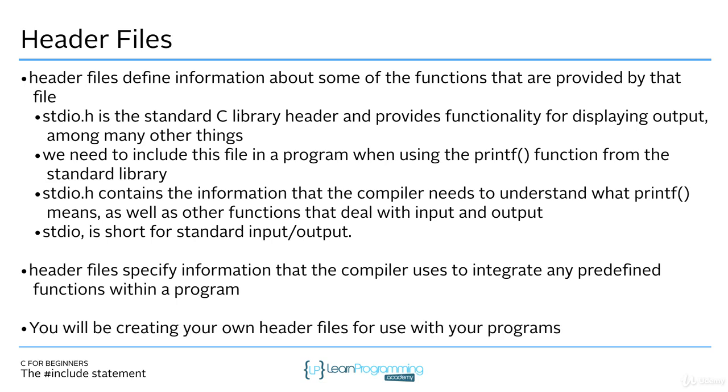But in addition to the C standard library and the different libraries that come with the C programming language, you can also create your own header files, and you will be creating your own header files, because header files allow for software reuse. They allow you to reuse functionality written in C. Somewhere, the designers of C wrote all this C code that reads and writes data and handles input and output. They don't want the new C programmer to have to write their own, so they write it for you, and they say you can use it.